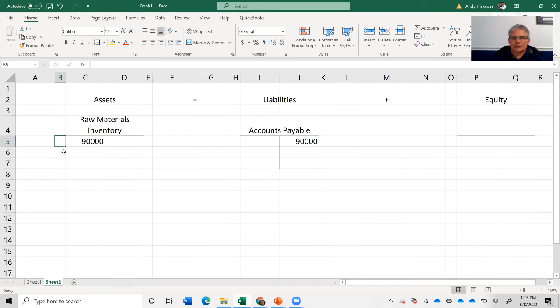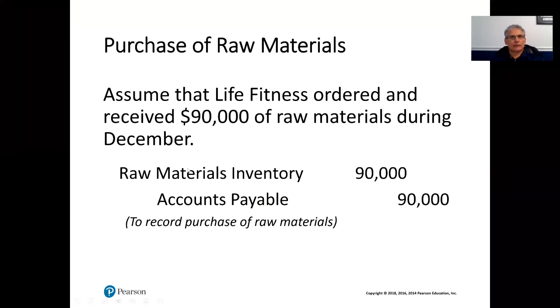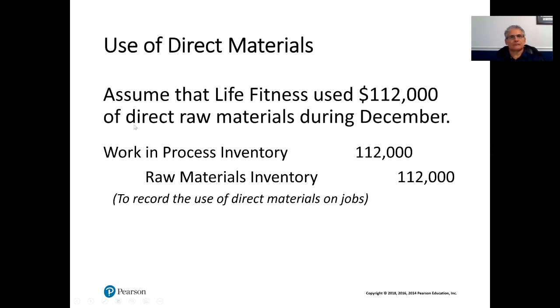And just for kicks, so that we can tie these numbers together, we'll put a reference of 1 because that's the first journal entry. There's no reference number here, but at least that'll help us trace. All right.